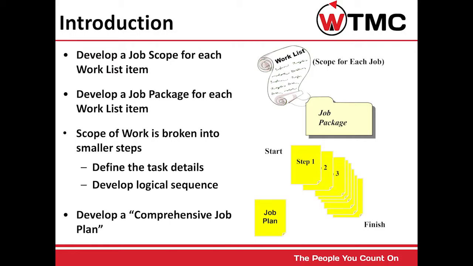Once the job scope is understood and the supporting documents and the subject matter expert input are secured, the turnaround planner must assemble this information into a logical sequence of events, which is the comprehensive job plan.